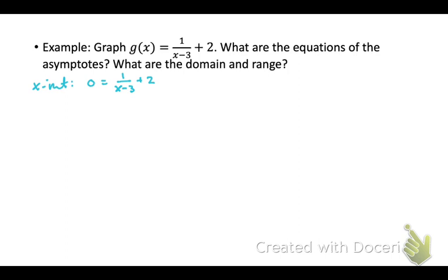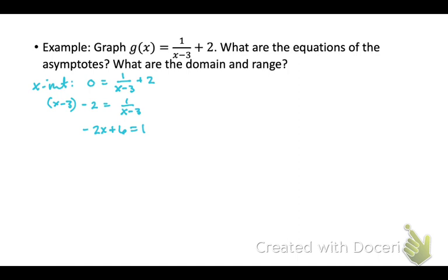You would subtract 2, and then you're going to do the reciprocal. Well, yeah, cross multiply. So I have to multiply negative 2 by x minus 3, right? So that gives me negative 2x plus 6 equals 1.